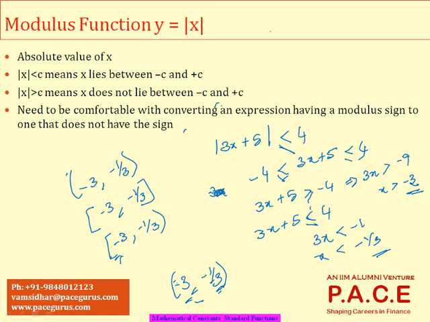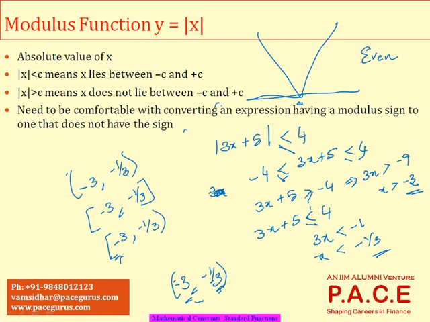And for mod x, the graph will typically be a V shape. It is symmetrical about the y-axis, which means it's an even function, as we have discussed earlier. Also it can never be negative, because we are only bothered about the absolute value of x.